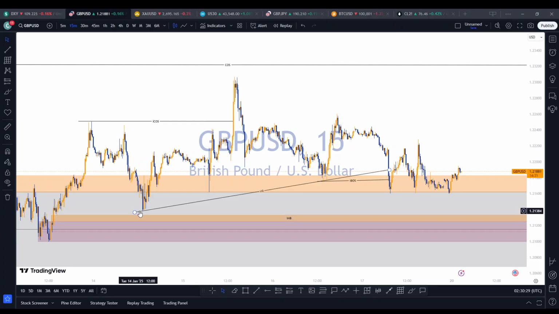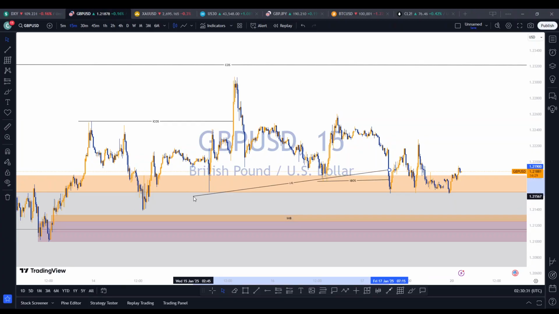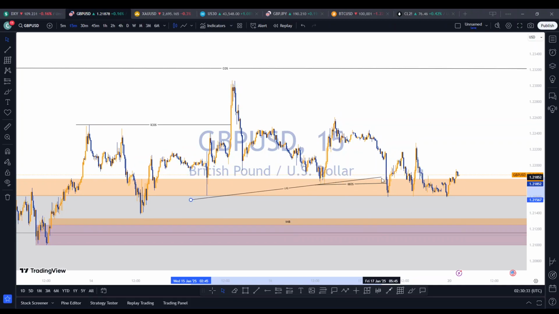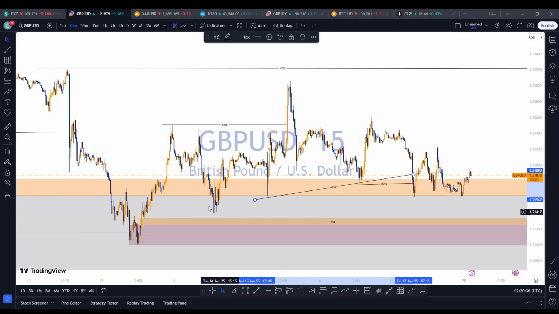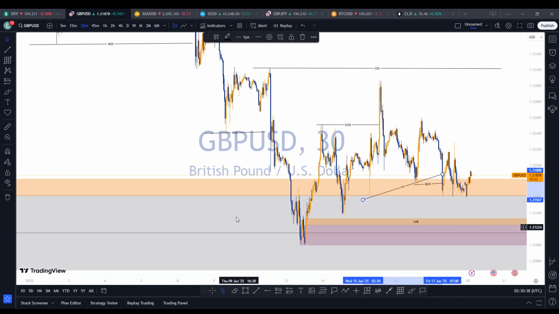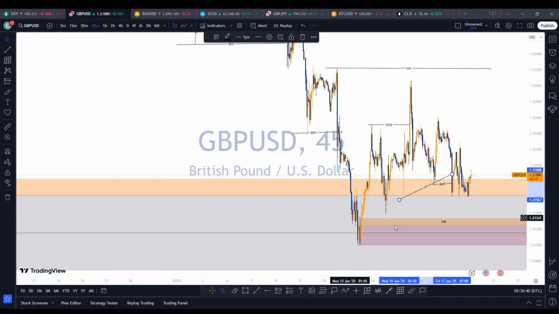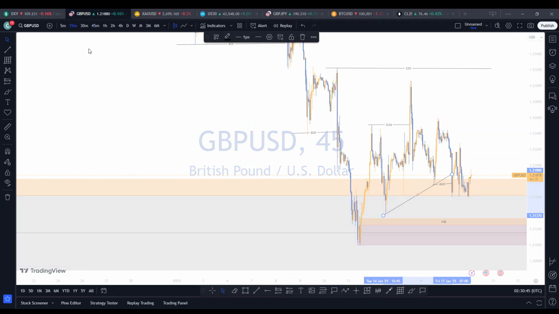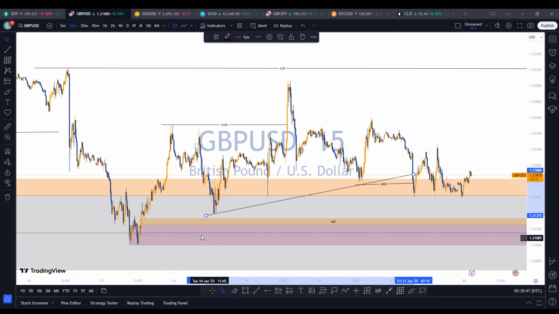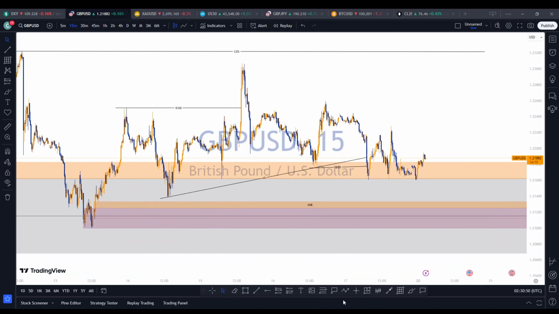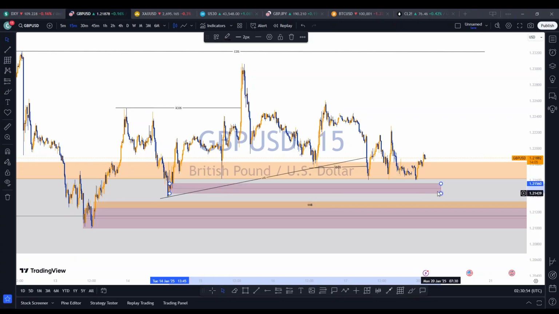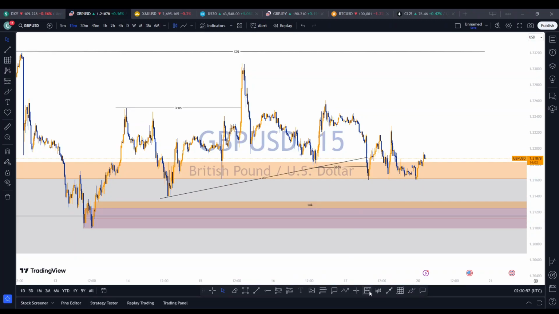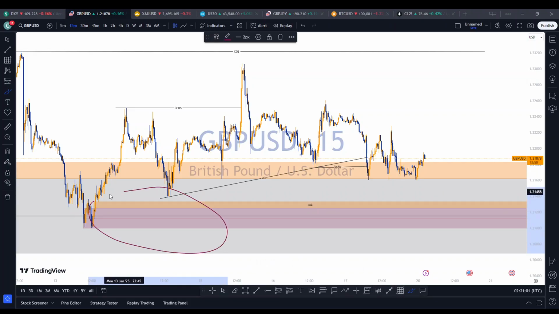This might be a liquidity sweep right here. Let me see the 30 minutes, 45. No, there is none. On the 15 minutes we don't have an order block. We don't have an imbalance, so I don't trust taking an entry around here. I'm more comfortable taking an entry on this zone right here.